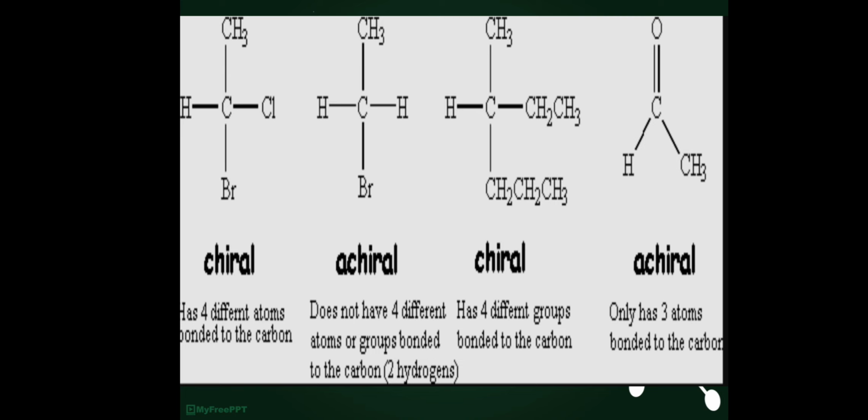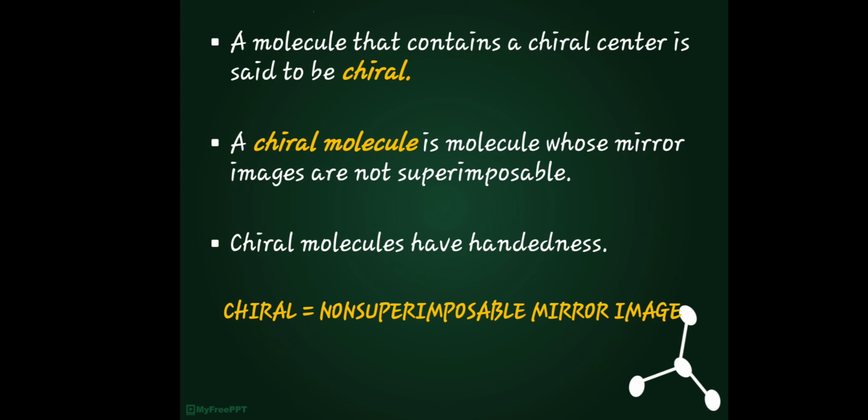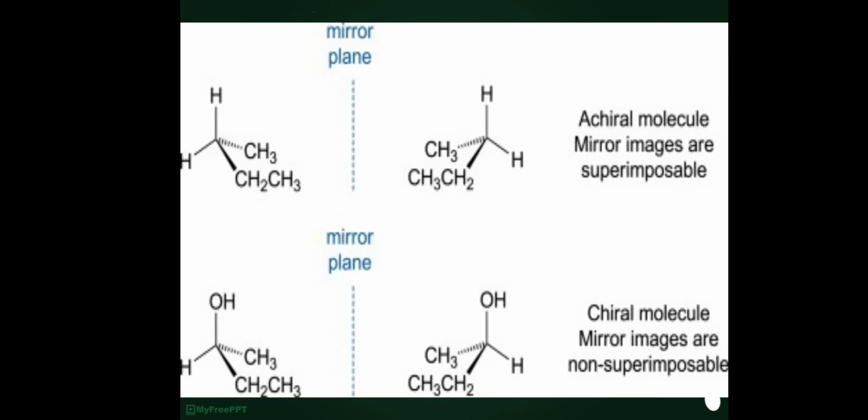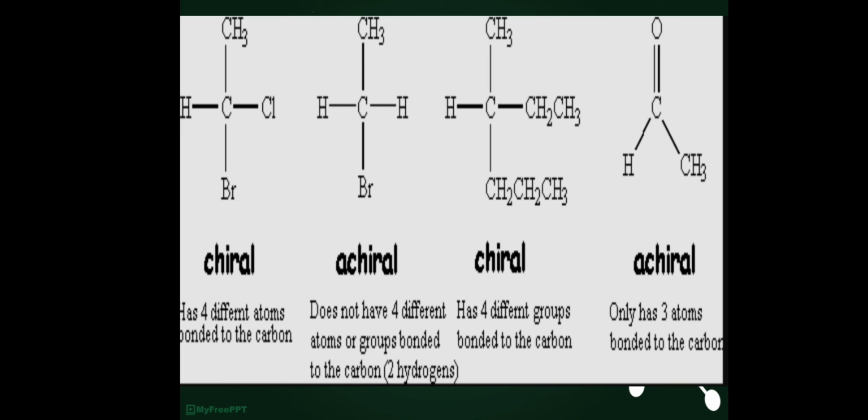Kasi nga, sinasabi natin, uulitin natin, that for a chiral molecule, that carbon atom can have a handedness if you require the presence of a carbon atom with single bonds. If may representation na siya na double bond in the structure, meaning to say it is not chiral, it is achiral only.